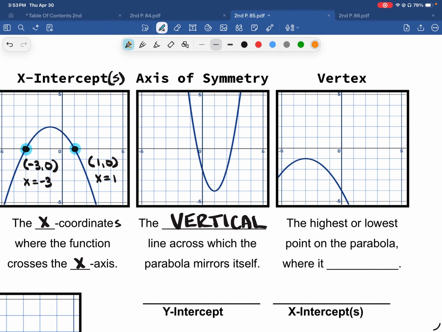So that is your axis of symmetry. Here, your axis of symmetry is x equals 1 because it goes through 1 on the x-axis.